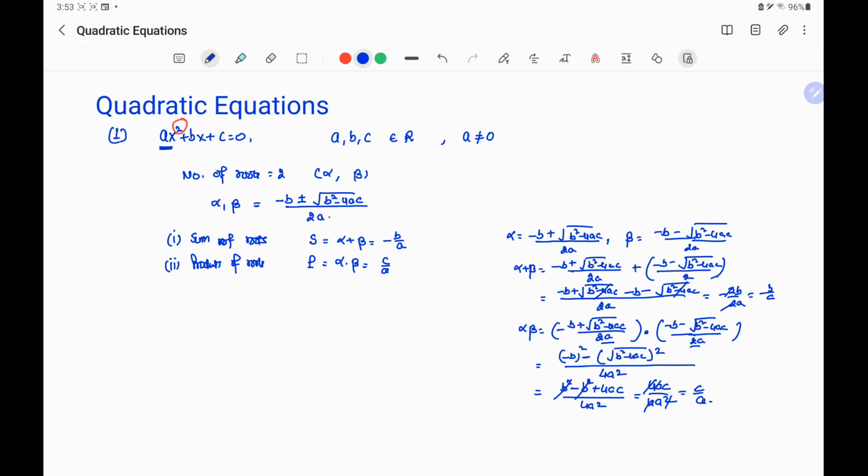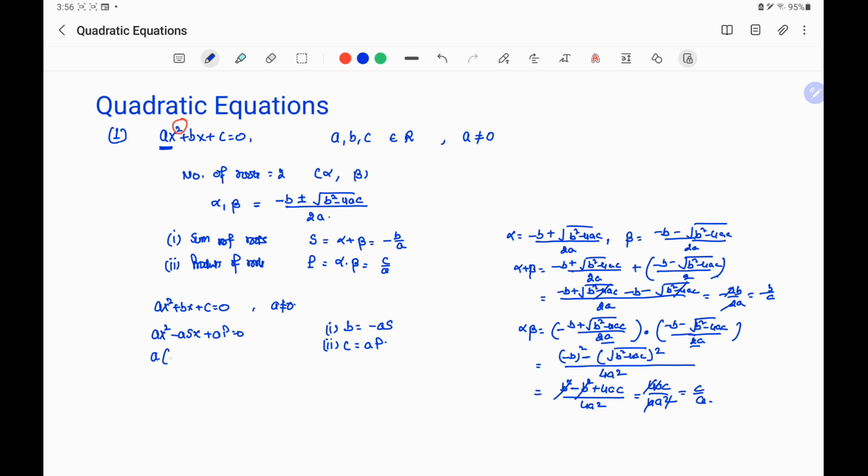Now we can write this quadratic equation in terms of the sum s and product p as follows. The quadratic equation is ax square plus bx plus c equal to 0, where a is not equal to 0. From equation 1 we can find that b equal to minus as, and from equation 2 we can find that c equal to ap. Now substituting the values of b and c, we will have ax square minus asx plus ap equal to 0.